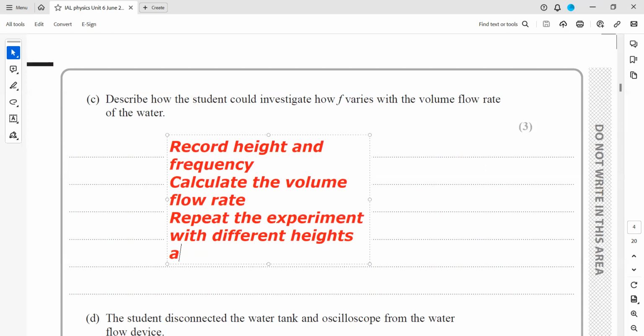And at the last, because whenever you want to investigate how things change or what the relation is, plot the graph. We want to find a relation between volume flow rate and frequency. So plot a graph between the frequency and the volume flow rate.